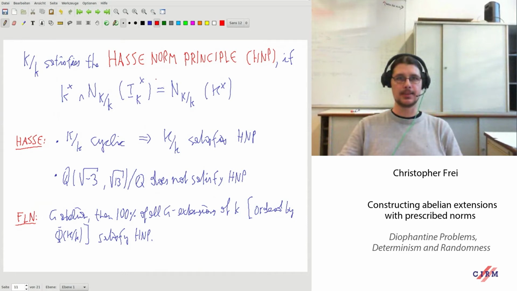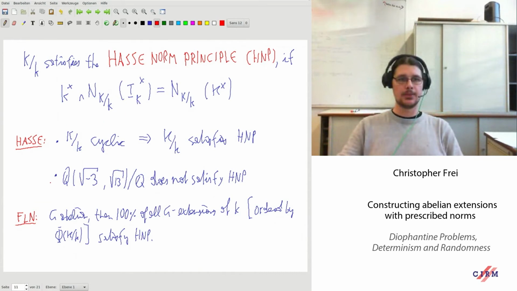And that's good, because if the extension turns out to satisfy the Hasse norm principle, then we can again apply our classical theory to detect global norms, just going via everywhere local norms.